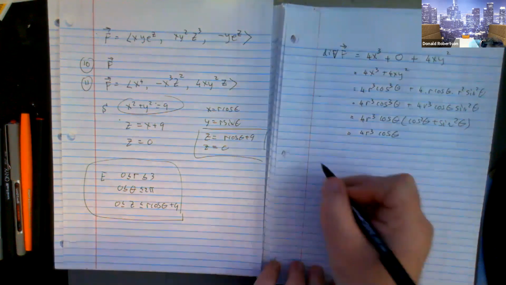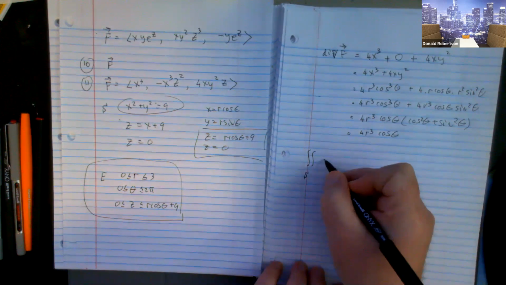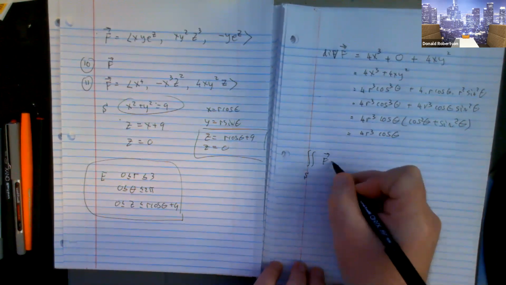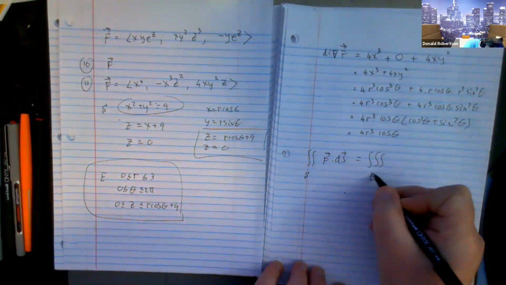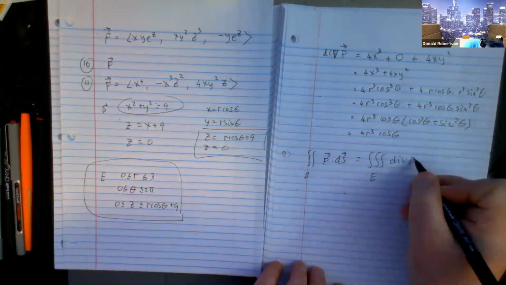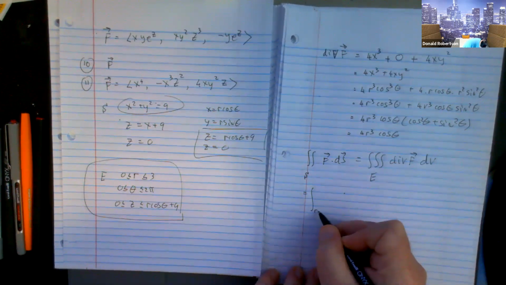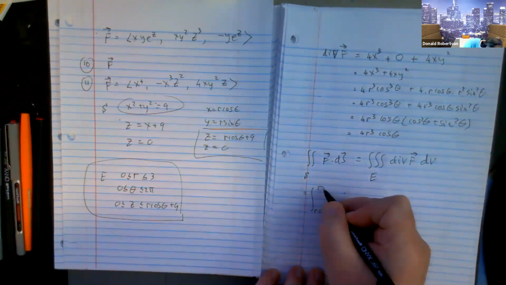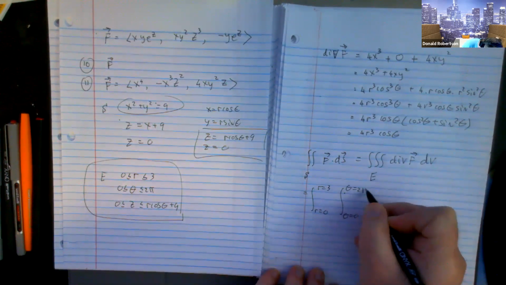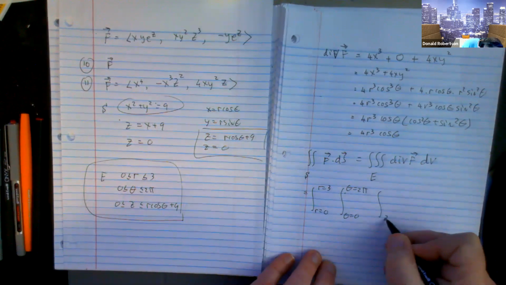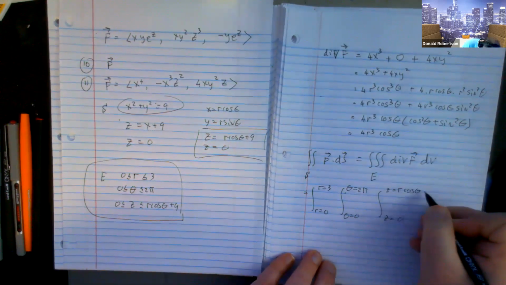So we set up our surface integral and convert it into a triple integral. And the triple integral is going to be, for no particular reason, r equals 0 to 3, theta equals 0 to 2 pi, and z equals 0 to z equals r cos theta plus 9.